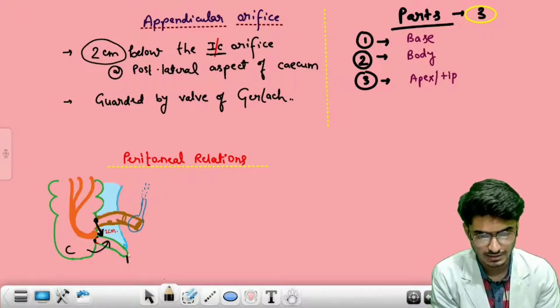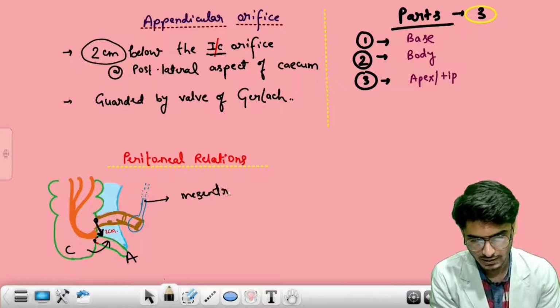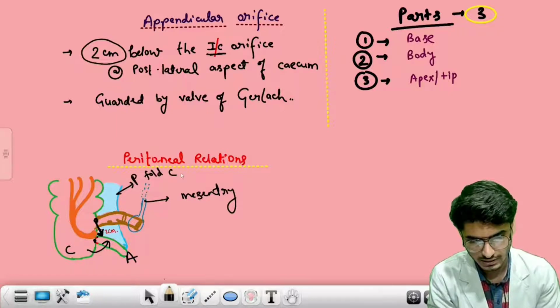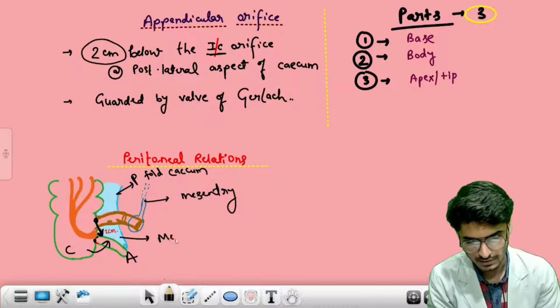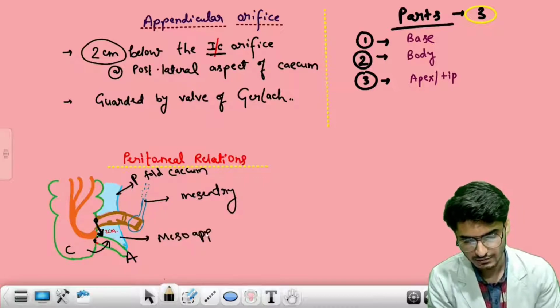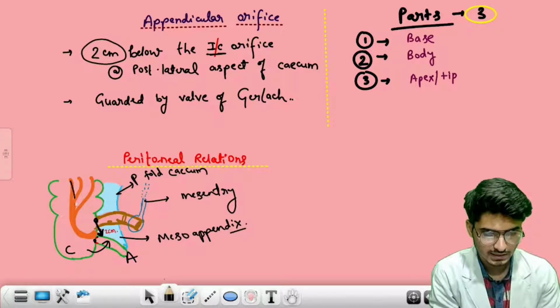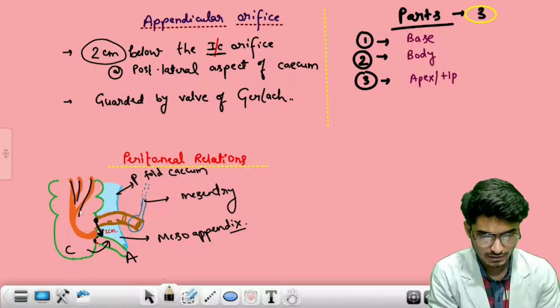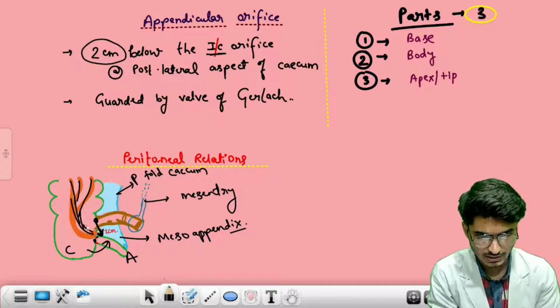That is the cecum, that is the appendix, and that is the mesentery, the peritoneal fold covering the cecum. That is the mesoappendix, the peritoneal fold covering the appendix. And these are the tinea; these 3 tinea converge at the base.